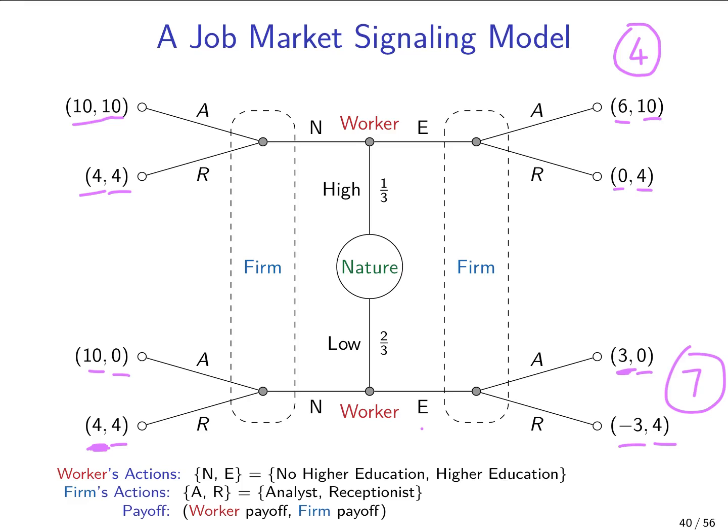Okay. So I think then we can describe a dynamic game with incomplete information. In this game, we have 2 players. We have worker and we have firm.